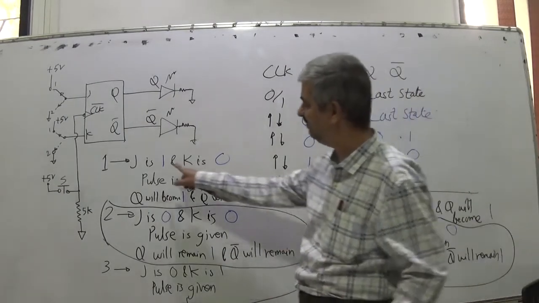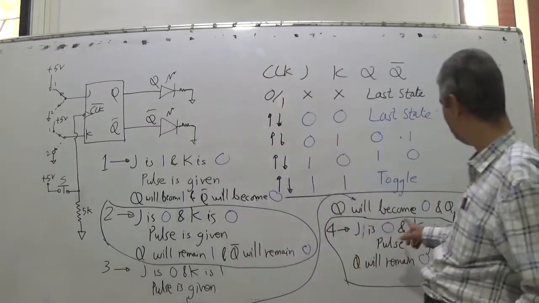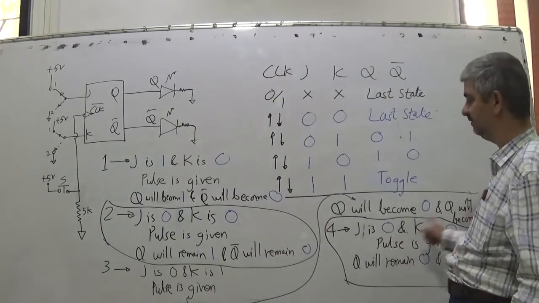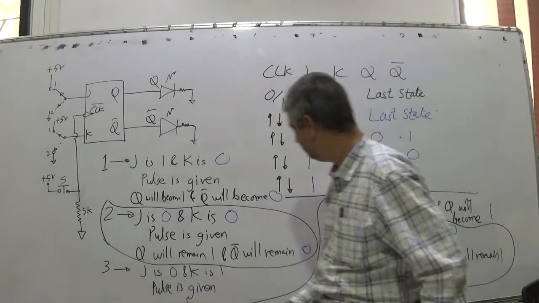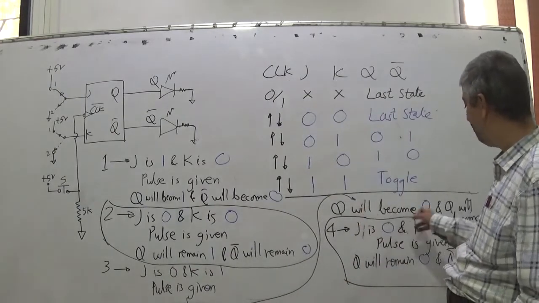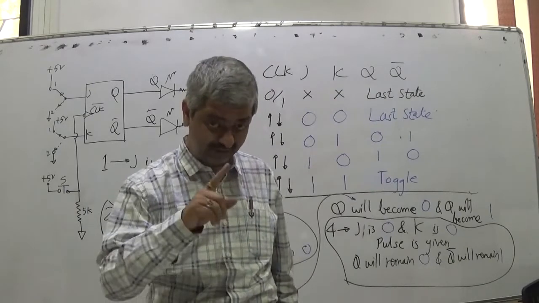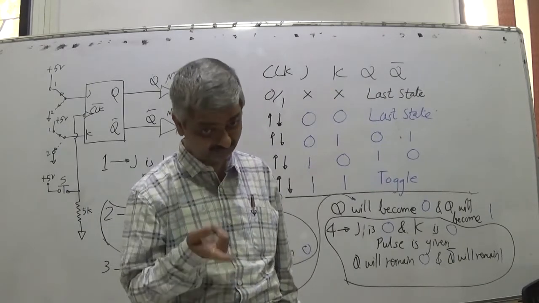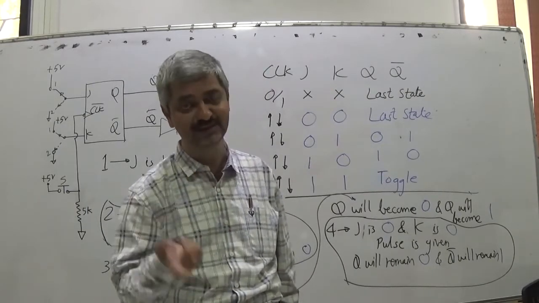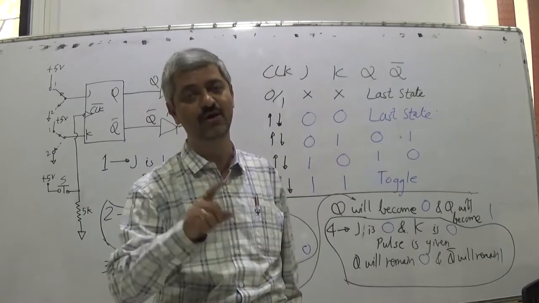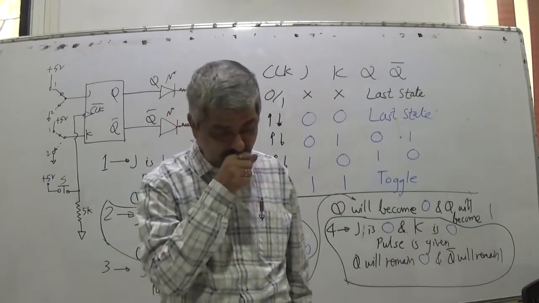Whereas when you make them either 1 0 or 0 1, Q and Q bar become something specific. Whereas for 0 0 and 1 1, they either remain or they toggle.